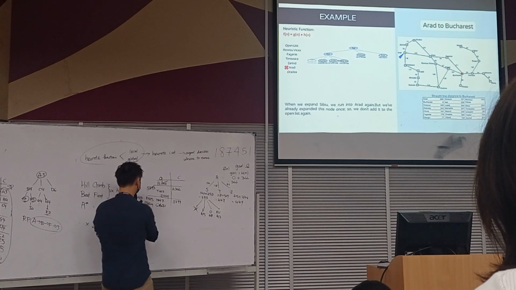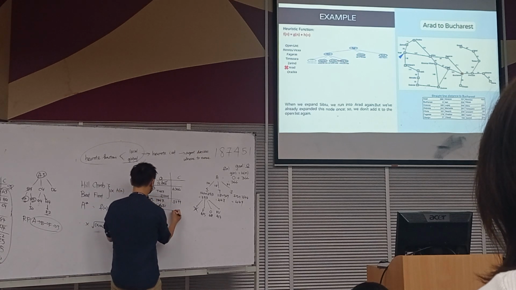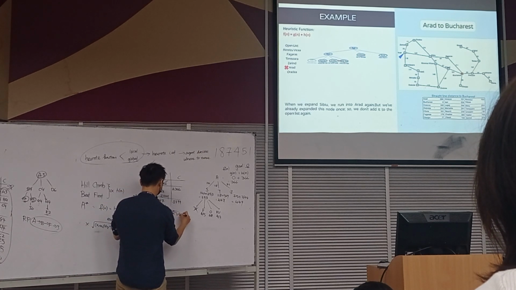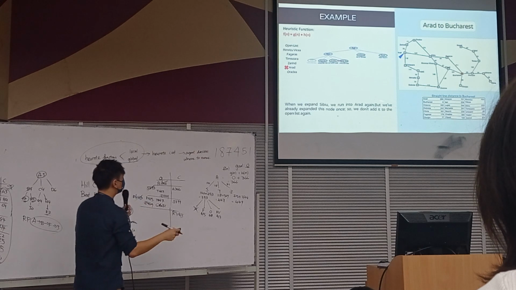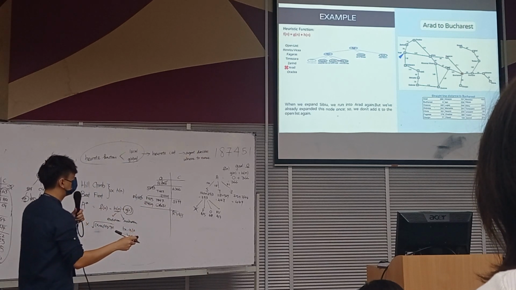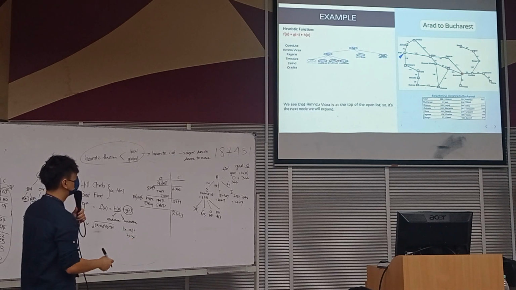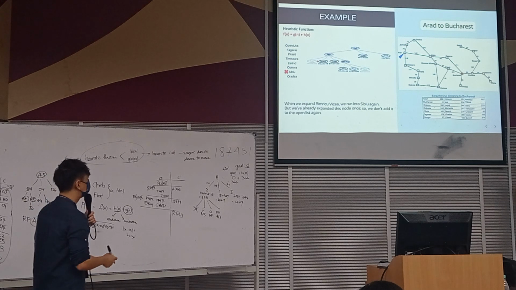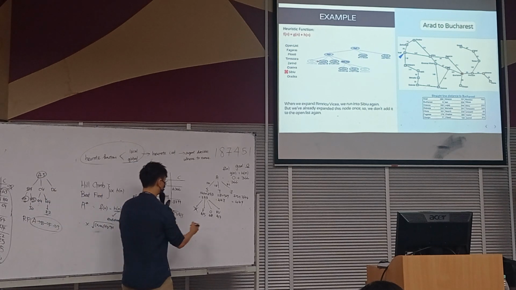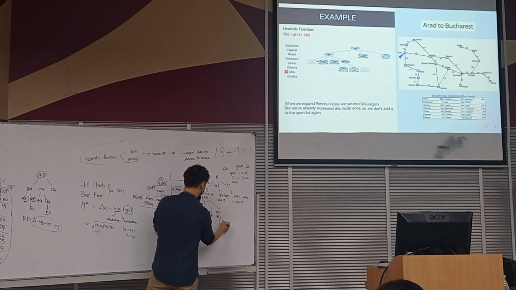Okay, continue to expand RV. Expand this RV here. You can travel to Craiova, Pitesti, and also Sibiu. So we have 3 different places. I'm not going to calculate the Gn and the Hn, I will just write the values here: 526, 417.